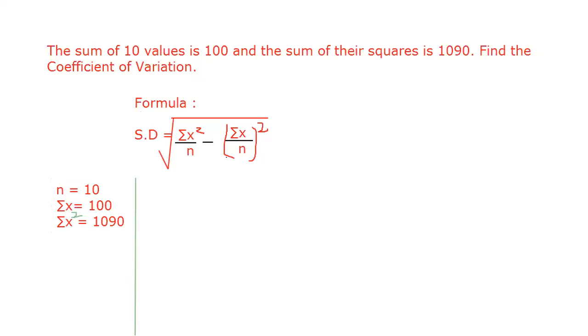Now we are just applying this in our formula. What is our standard deviation? Sigma x square is 1090, and our n is 10.